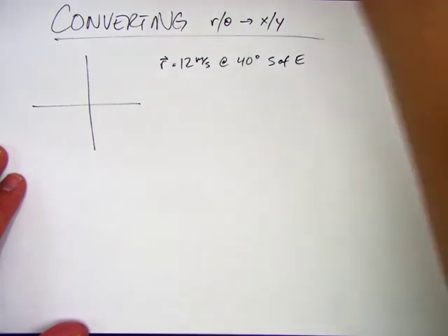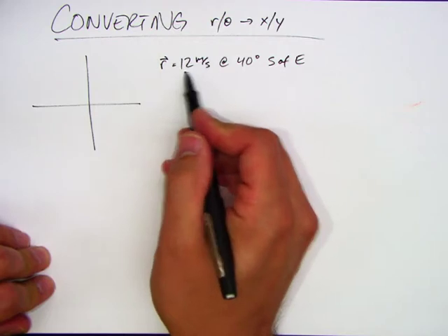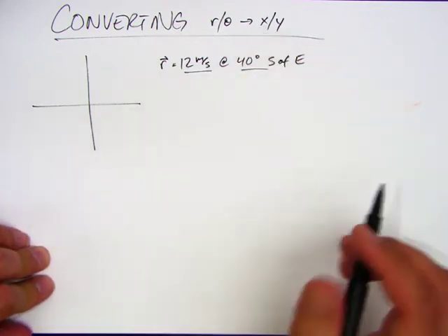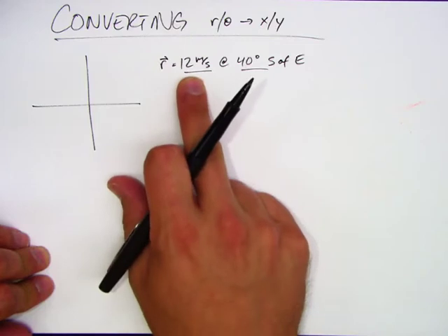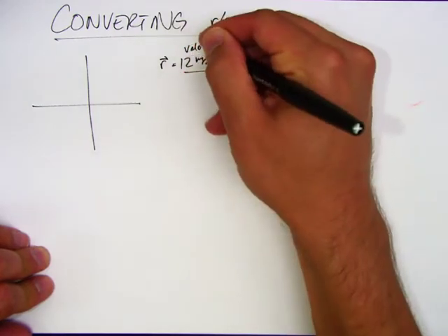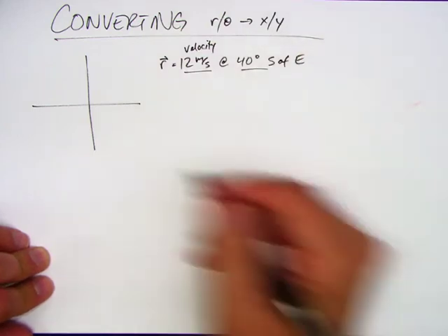Okay, let's convert now our vectors from the magnitude direction notation to my xy unit vector notation. So first thing I've got to do is draw this vector, 12 meters per second. So this is a velocity, because it gives me a specific magnitude and a specific direction. So let's draw this on my coordinate plane.